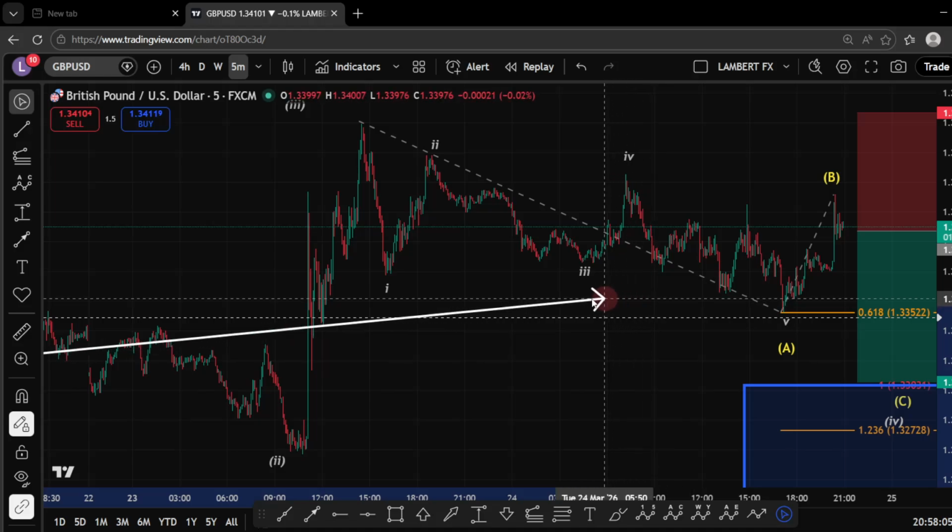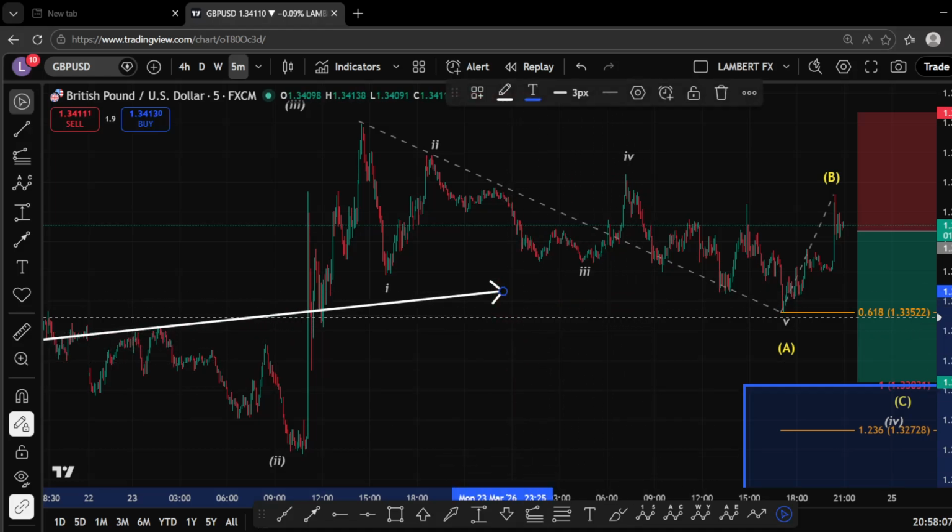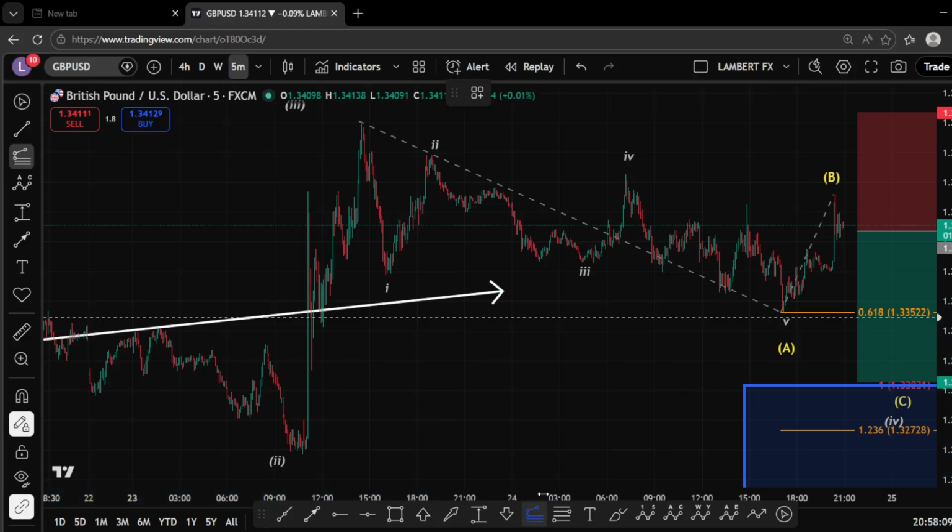And how do you measure for the C? You basically take your fib extension, and you measure from the origin of the correction, so that's the 3. You start from the origin there to your A, which is the 5, and then to your B, which is the 3.